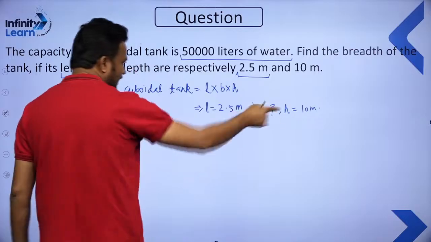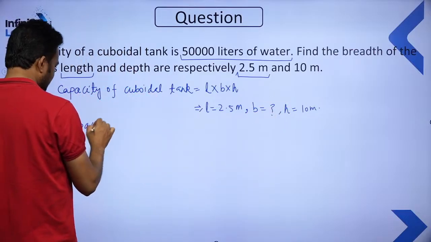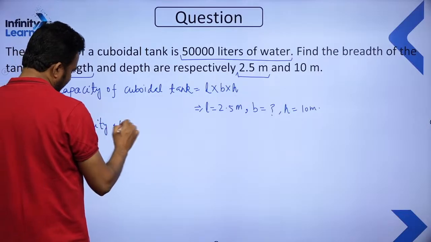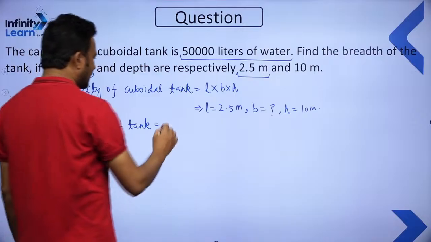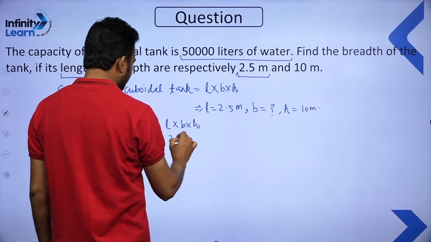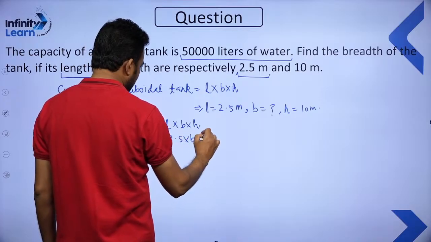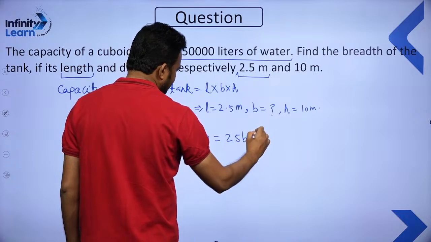So let us find the capacity of the tank. Capacity of tank will be equal to L into B into H. So let us put the values: 2.5 into B into 10, which is 25B, and this will be in meter cube.